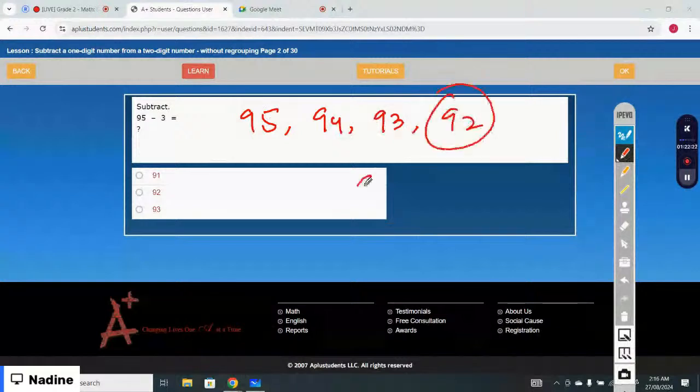The other way is you can just write them down one above the other and subtract them. 5 take away 3 is 2. Now bring the next digit down. So 92 it is.